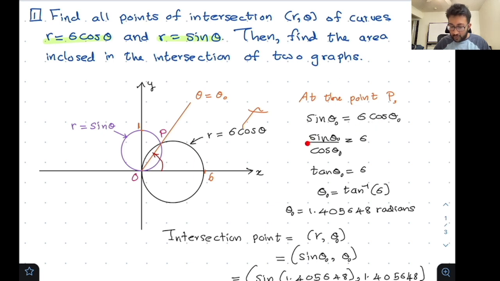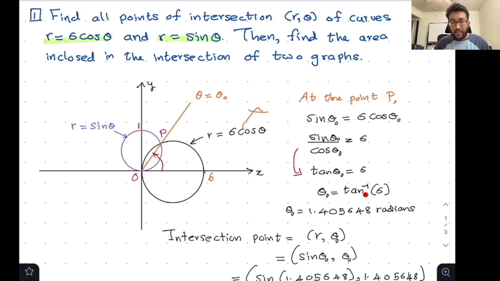So if I divide both sides by cosine theta naught, I will get tangent of theta naught equals 6, right? Then from the inverse function, I can evaluate the value of theta naught. So theta naught is going to be tangent inverse 6, right?